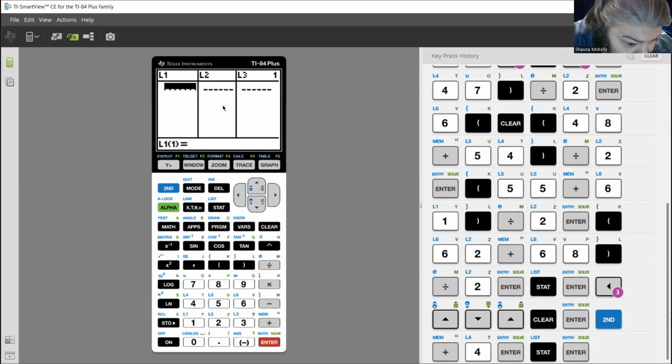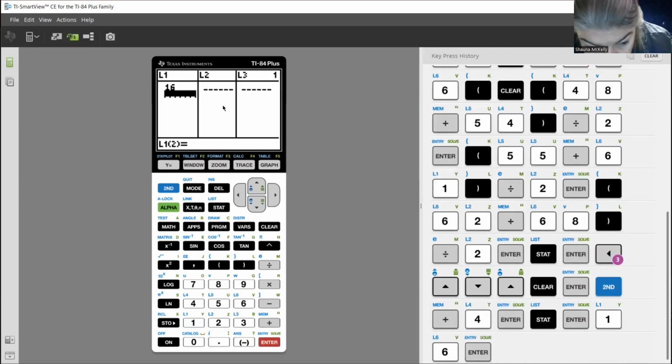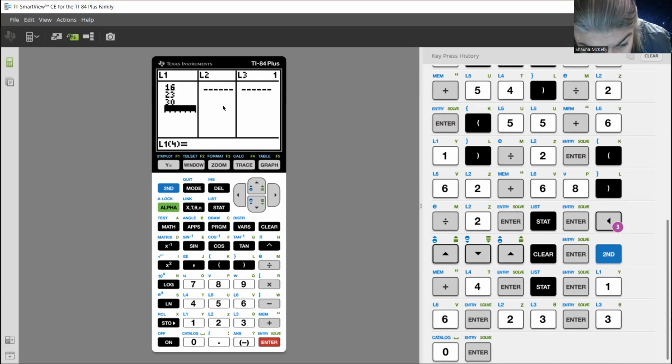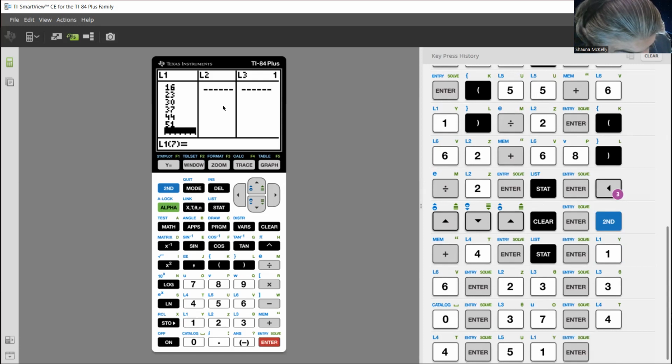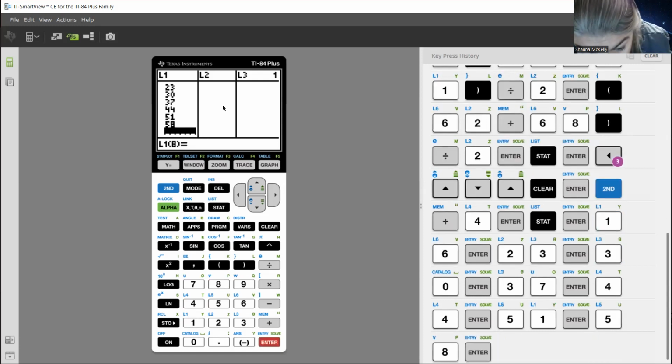But in this case, let's go to what we need. So I'm just going to put the midpoints in L1: 16, 23, 30, 37, 44, 51, 58, 65.